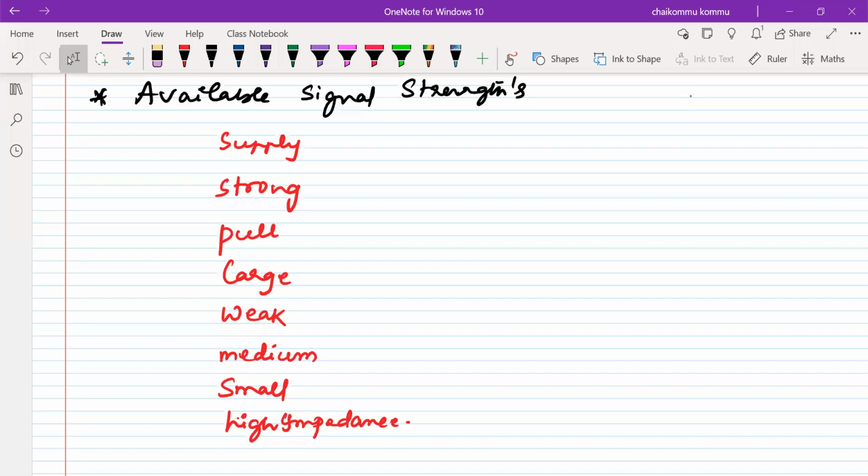Let us discuss now. Usually the topmost priority, the strongest, belongs to supply. If any value is weighted with supply strength, then it has the highest strength value.